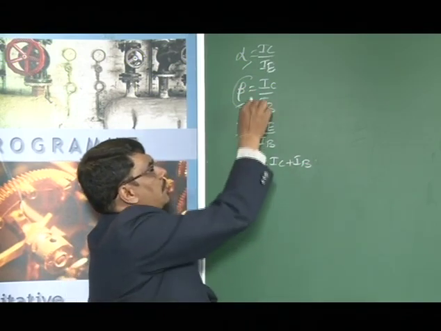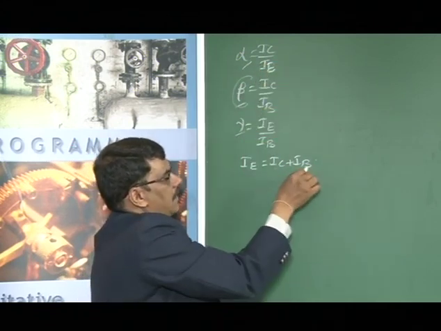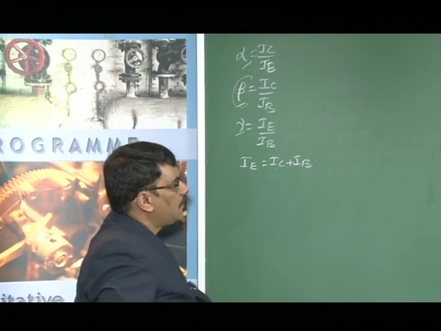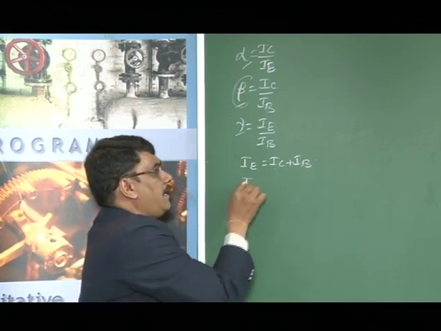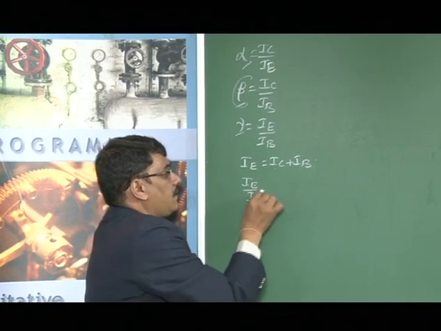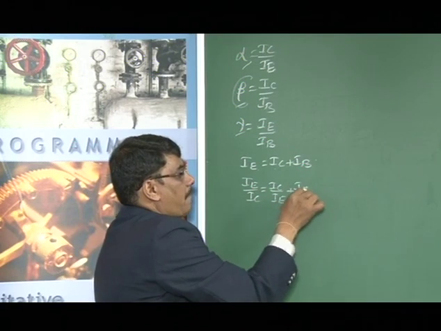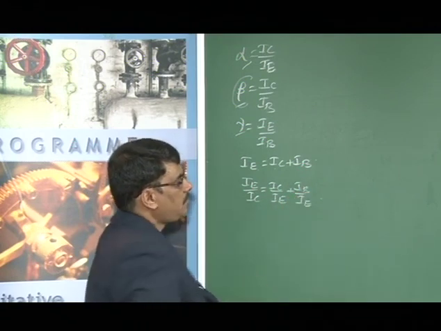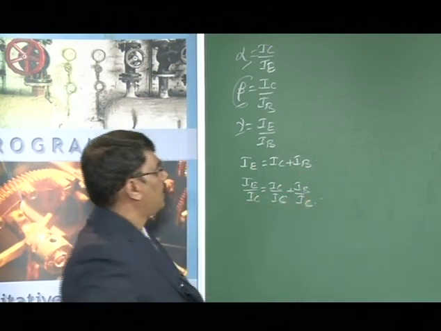This can be obtained by using this equation. If you take alpha in terms of beta, we know that IE is equal to IC plus IB. Divide on both sides by IC, then IE by IC is equal to IC by IC plus IB by IC.